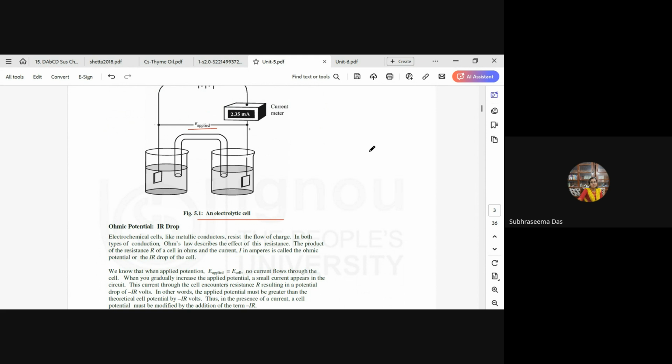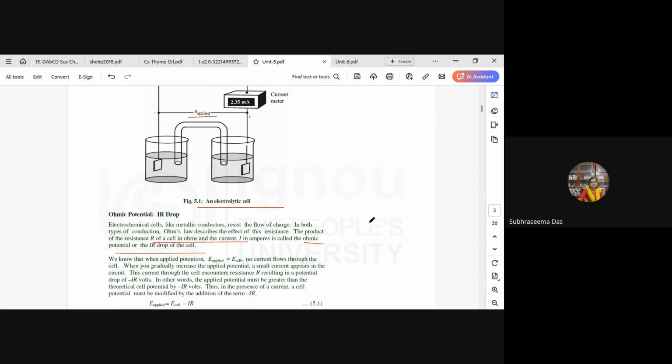The product of the resistance R and the current I is called the ohmic potential or the IR drop of the cell. When the resistance of the cell is multiplied by the current in amperes, represented as I, the product of I and R is called the ohmic potential, or the IR drop of the cell.